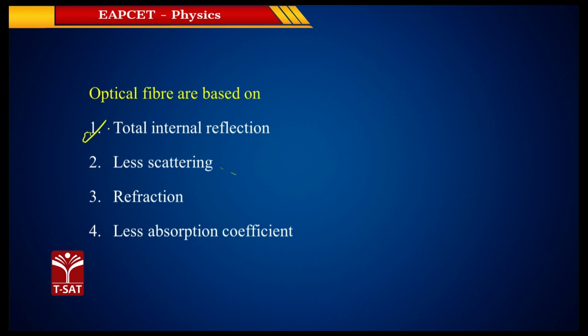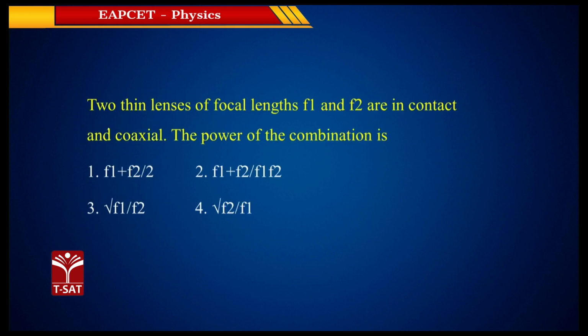Okay. And next, two thin lenses of focal length F1 and F2 are in contact, coaxial. And what is the power of the combination? Formula you know, children: 1 by F is equal to 1 by F1 plus 1 by F2.